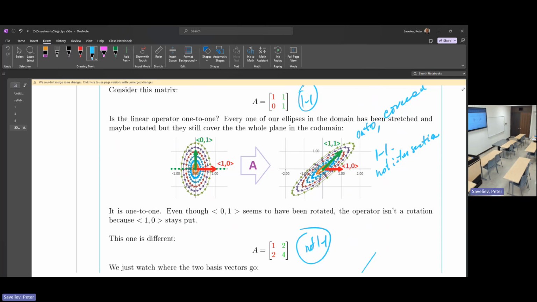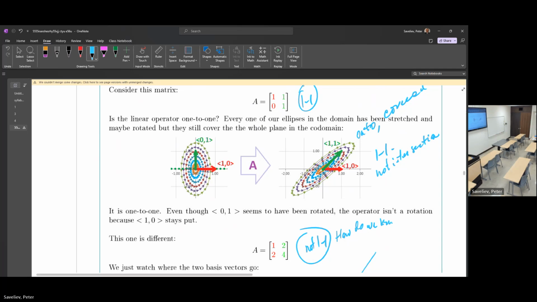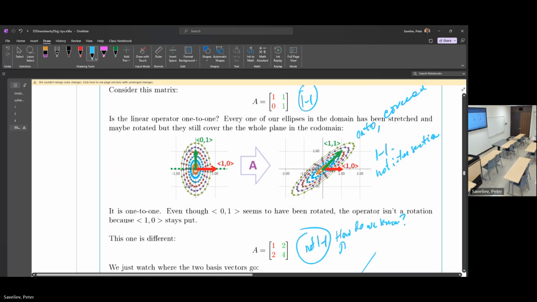The second matrix has a certain pattern. You see a pattern? Regularity, dependence. You see a dependence with the second vector.